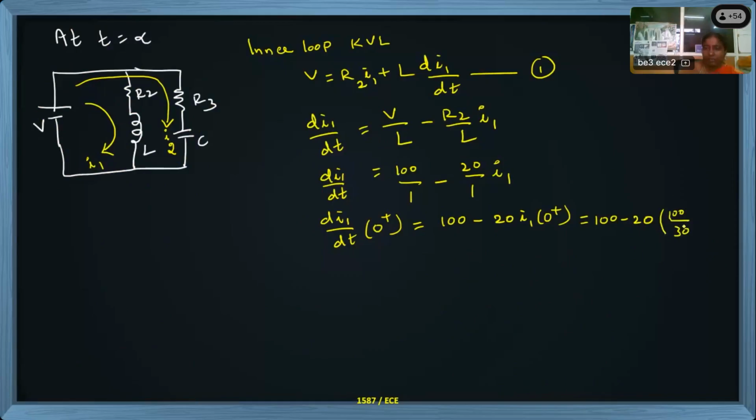So this becomes 100 minus 2 by 3 times 100, that is 66.67, which becomes 33.33 ampere per second.